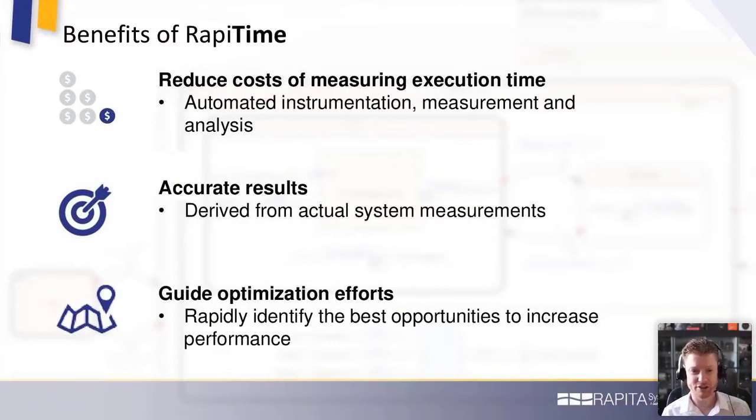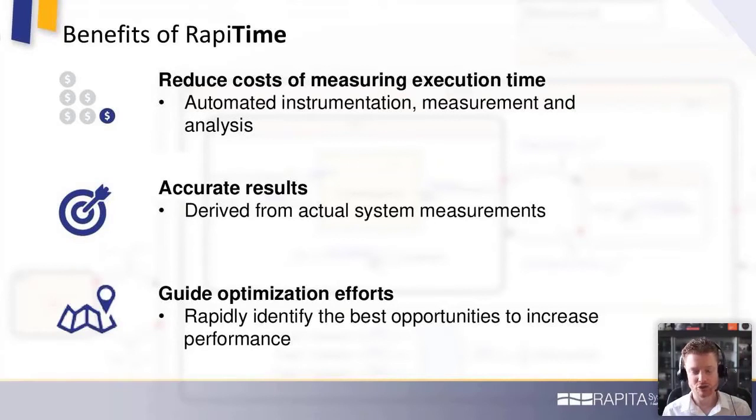The benefits of this: firstly, it can reduce the cost involved in timing analysis simply by automating most of the gathering and collating of the results. We deliver results from the real hardware, so they are representative of the behavior of your code in the field. And we can also guide optimization efforts.